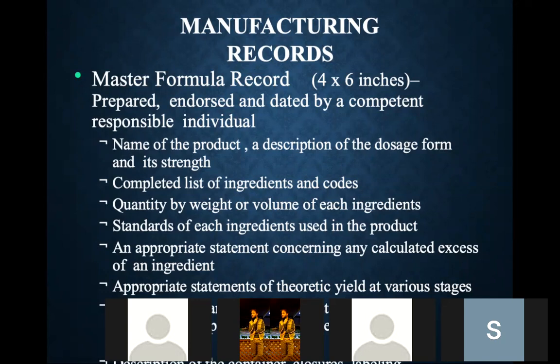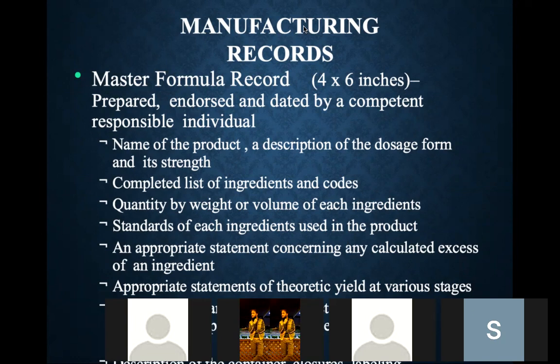After that, a statement of theoretical yield at various stages. There are two things, theoretical yield and practical yield. Theoretical yield is whatever you have placed on paper, whatever you have written. Now what is practical yield? This is very important. Practical yield is what you get after the product has been prepared, when you have a finished product.